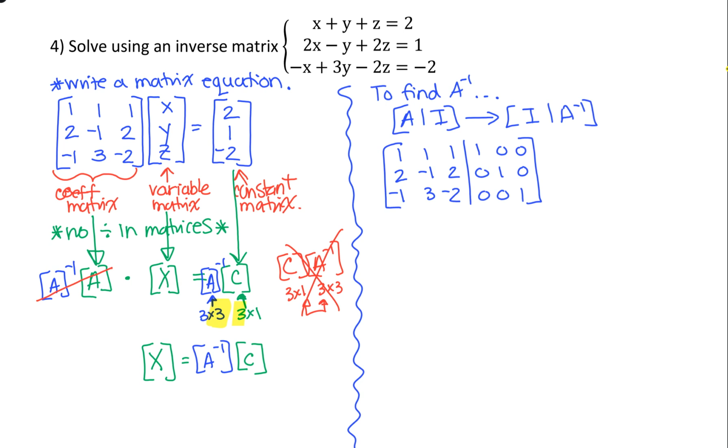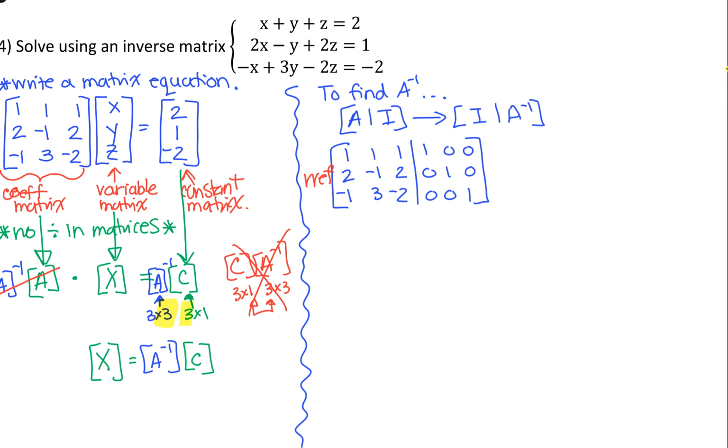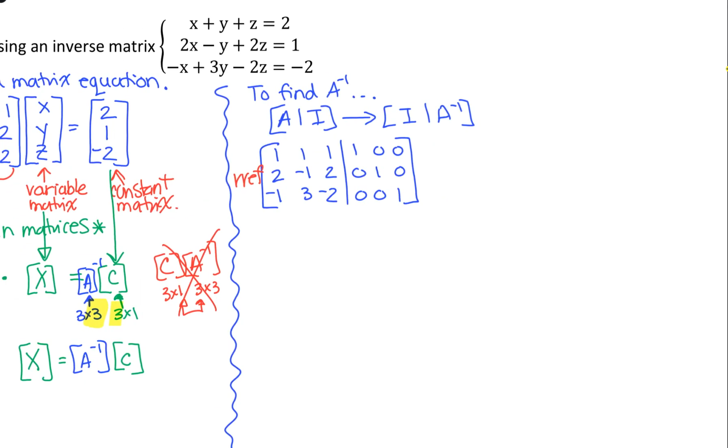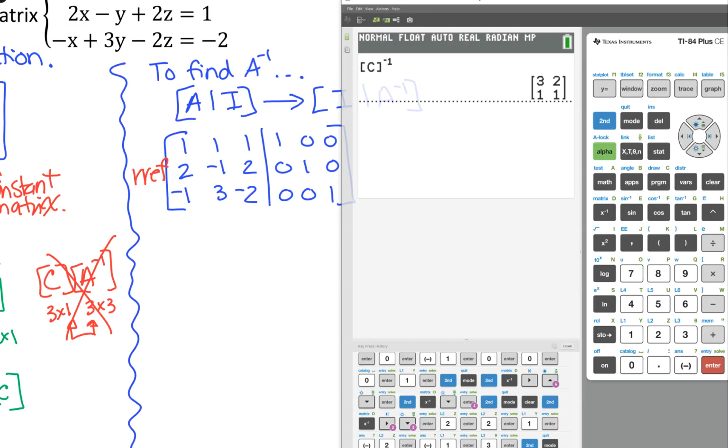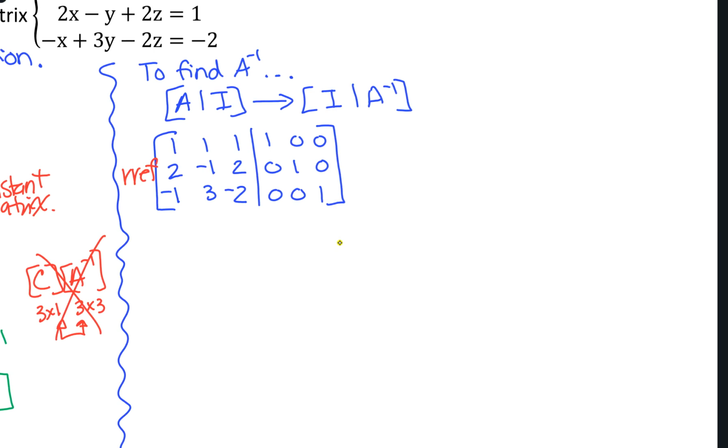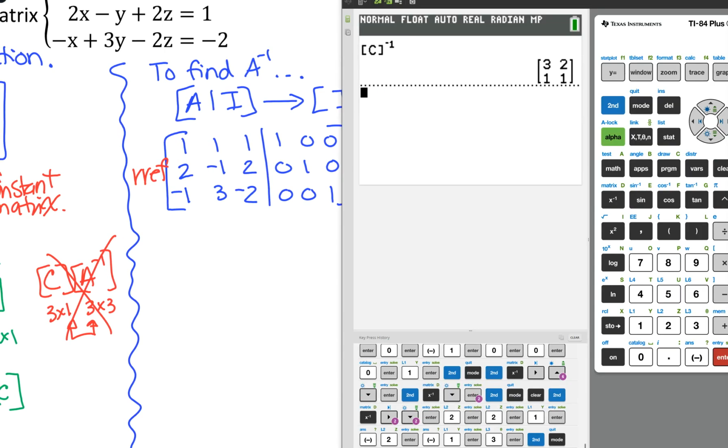I'm going to use my calculator now. If I want the left-hand side to turn into the identity matrix, then basically I want reduced row echelon form. So I'm going to do RREF and type this into my calculator. Let me slide that over and bring it up there. On my calculator, I go to my matrix.